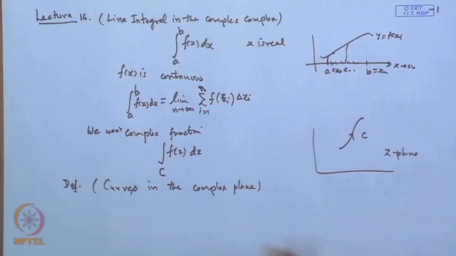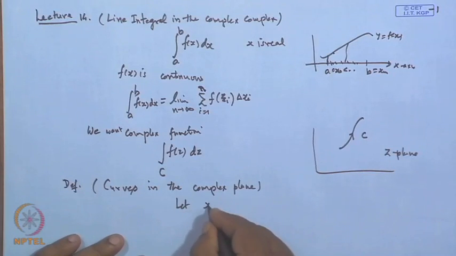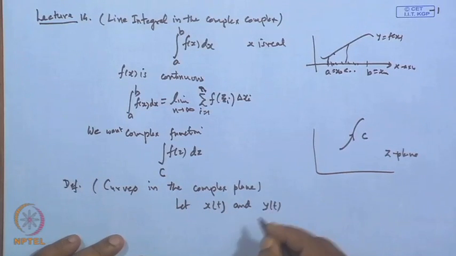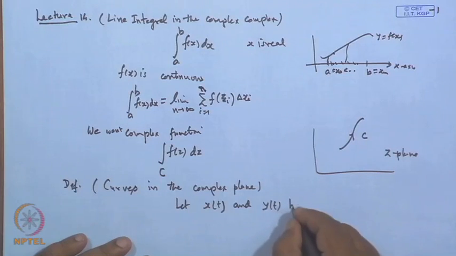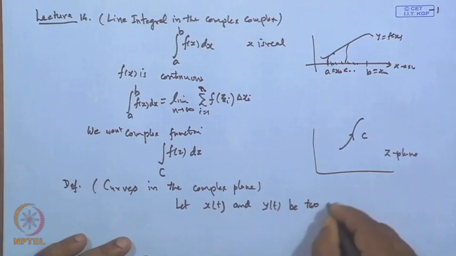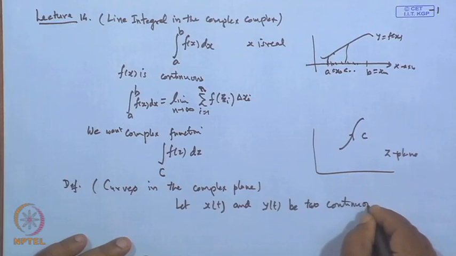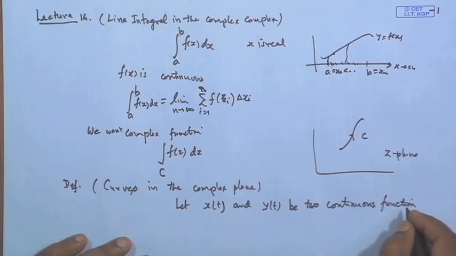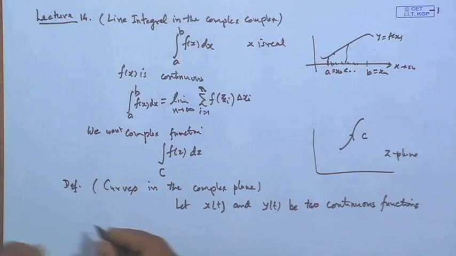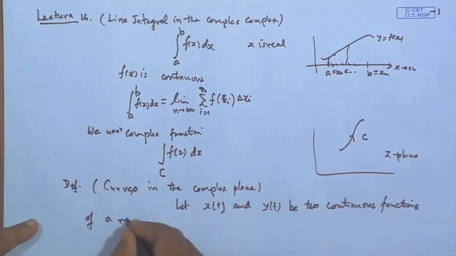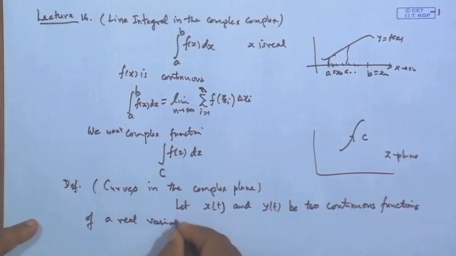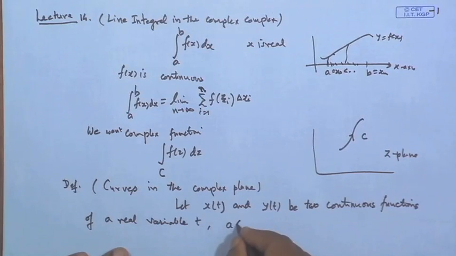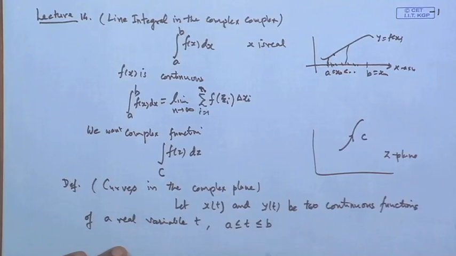For this, let us suppose x(t) and y(t) are two continuous functions of the real variable t, where t varies over the interval a to b.